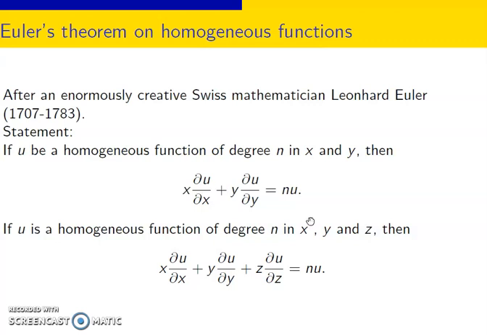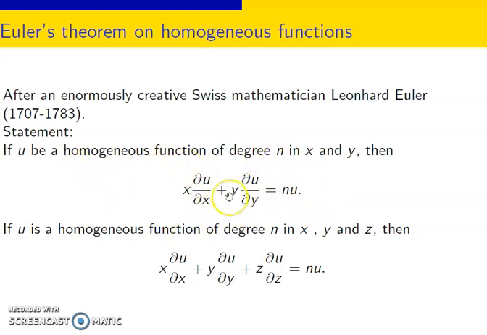If u is a homogeneous function of degree n in x and y, then x into dou u by dou x plus y into dou u by dou y equals nu. Here dou u by dou x is the partial derivative of u with respect to x, dou u by dou y is the partial derivative of u with respect to y, and n is the degree.